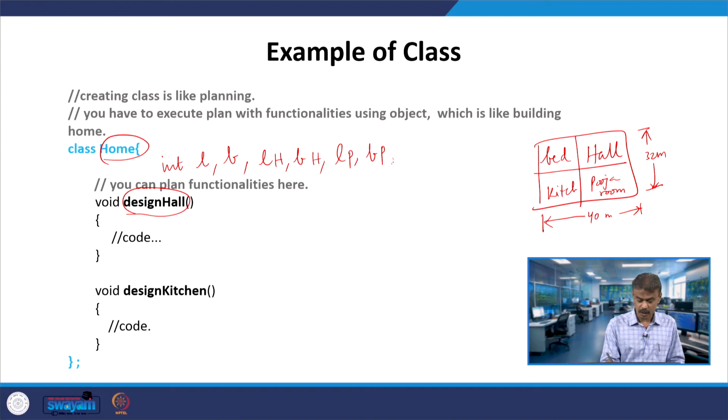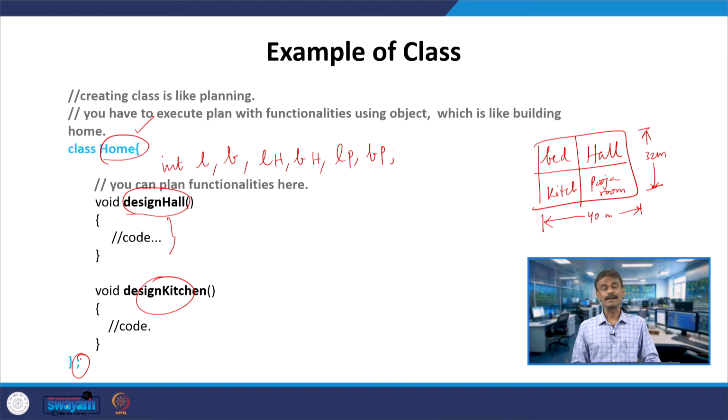These are all considered as the fields, and then I am going to define design hall. So what is the total area? I will write some code over here, let us say to find out the area of the hall or the area of the kitchen. So design kitchen, design puja room. This we consider as a class. Starting with class home, I am ending with the semicolon. This I considered as the example of a class. So it means you have the blueprint.